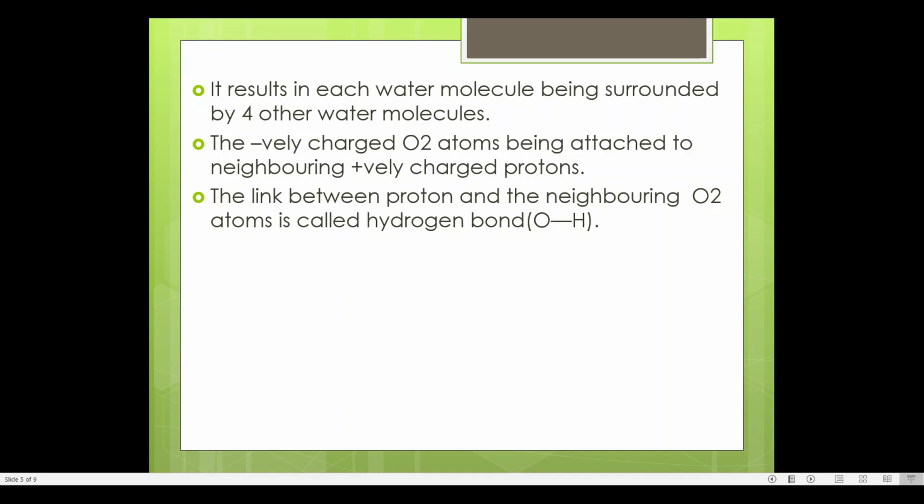So these bonds are formed between the negatively charged oxygen and the positively charged hydrogen atoms of one water molecule with its adjacent water molecules. The link between the proton and the neighboring oxygen atom is called a hydrogen bond. So the OH bond is denoted as the OH bond.